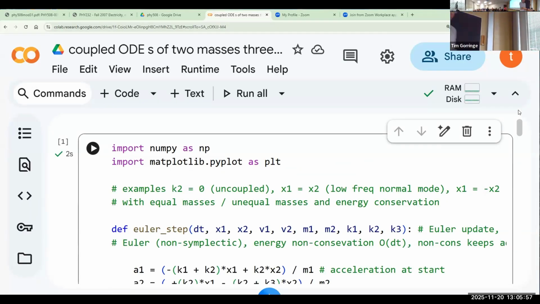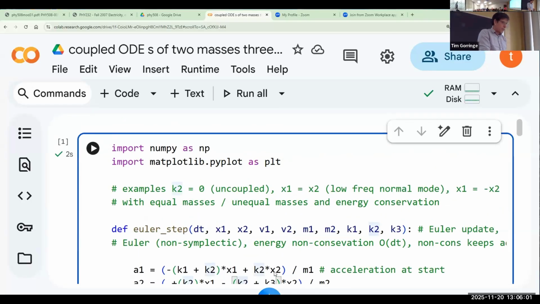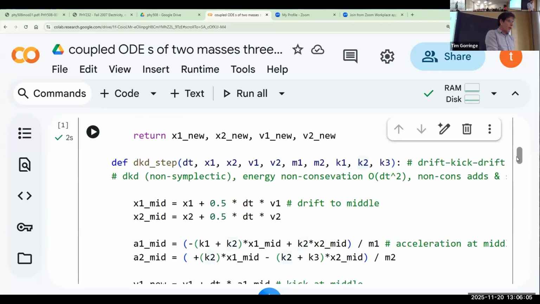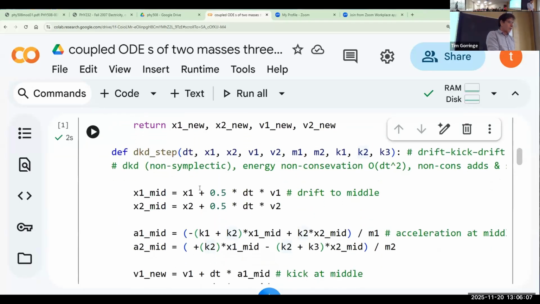And then down below, I've got a second function that I'm going to talk about, which is a little bit more sophisticated function for propagating the current positions and velocities of the two masses to the future positions and velocities of the two masses.